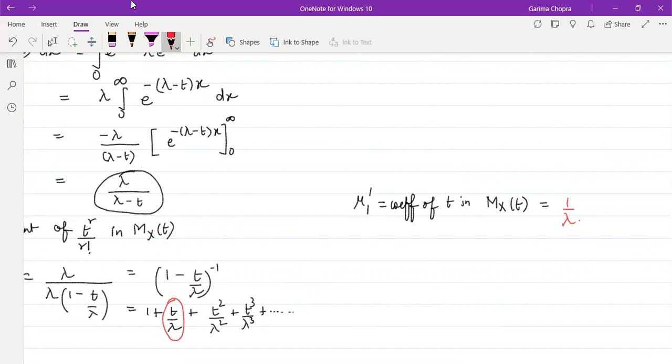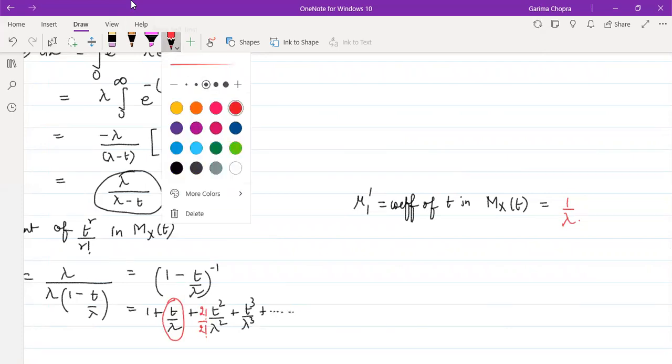Now for the second moment about origin, we will be finding the coefficient of t square upon 2 factorial. We have t square here, but we don't have 2 factorial. So we can multiply it with 2 factorial and divide it by 2 factorial. Now if we check, the coefficient of t square upon 2 factorial is 2 upon lambda square.